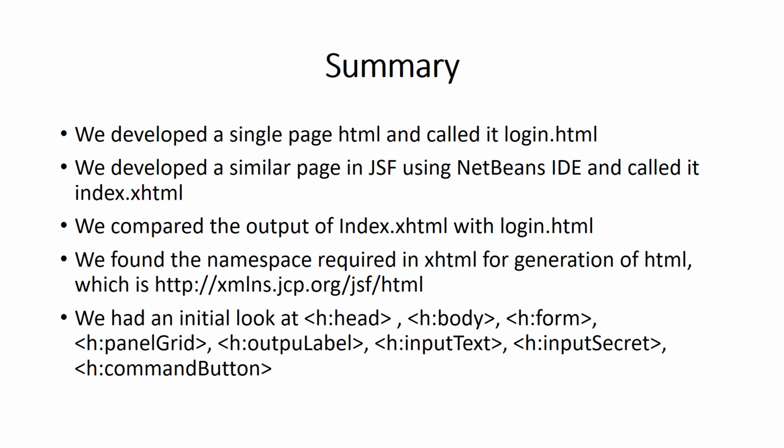We found the namespace required for generation of HTML, which is http://xmlns.jcp.org/jsf/html. We had an initial look at head, body, form, panel grid, output label, input text, input secret, and command button tags. We will see the details of these tags in our next video. Bye for now.